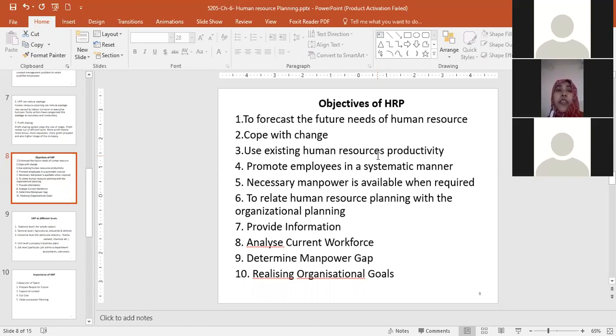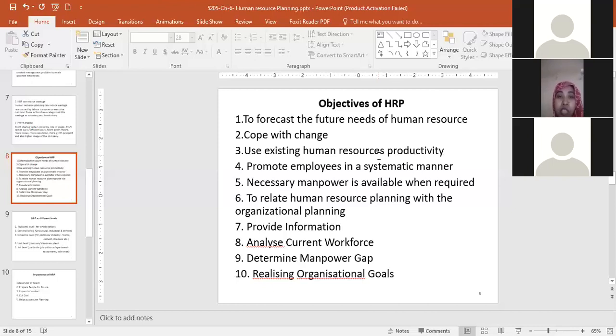Another objective of human resource planning is that necessary manpower is available when required. Of course, in this case, human resource planning management needs a very sharp and clear observation of manpower.